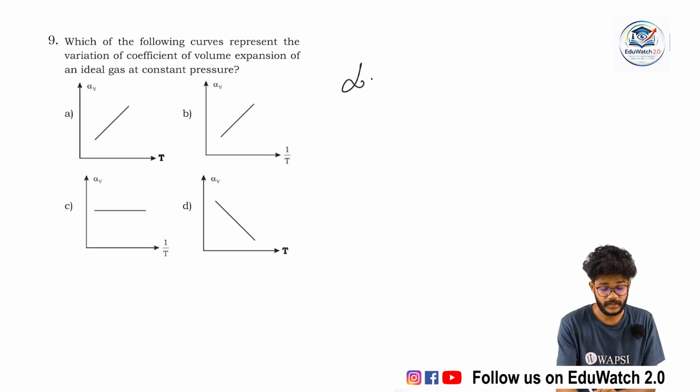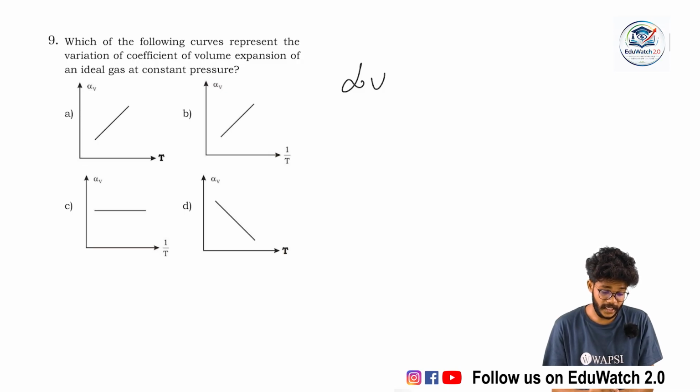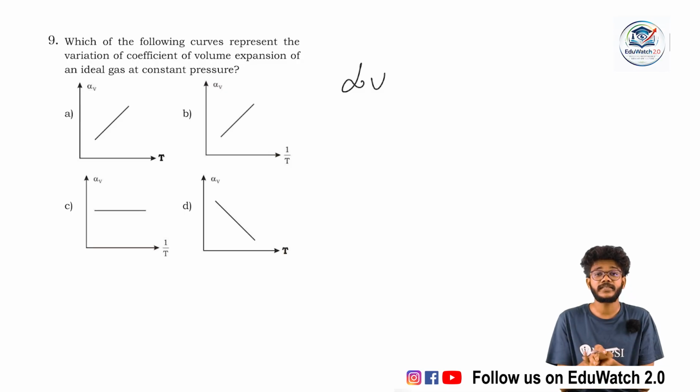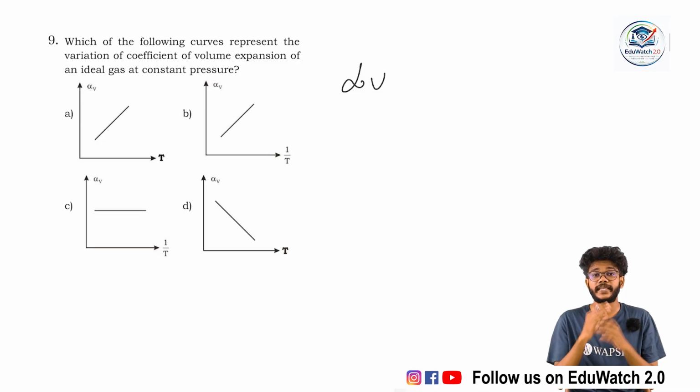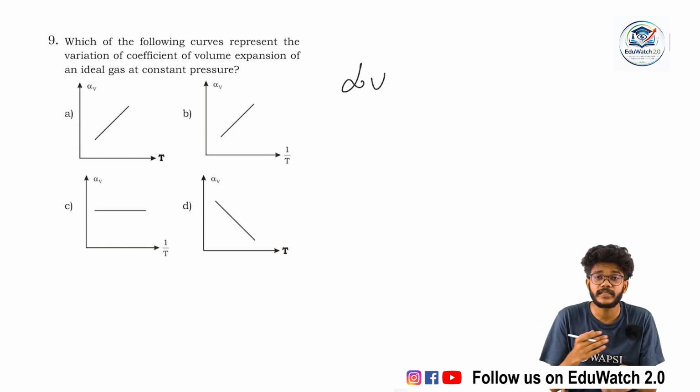Alpha V is the coefficient of volume expansion. Ideal gas at a constant pressure, the pressure is constant, and the x-axis is T or 1 by T. So we need to find the relation between alpha V, the coefficient of volume expansion, with respect to temperature.